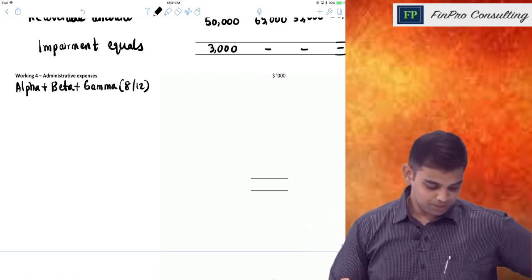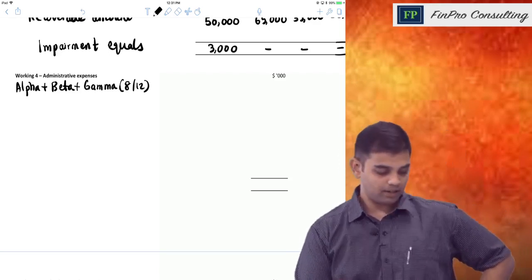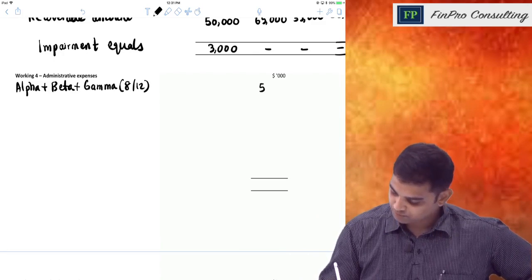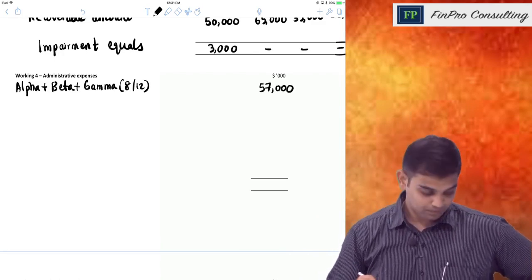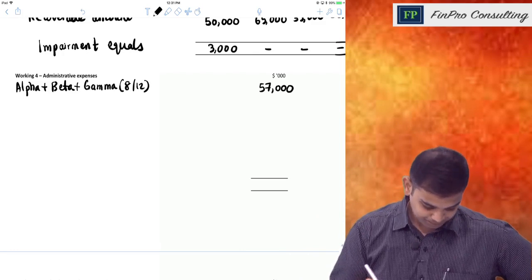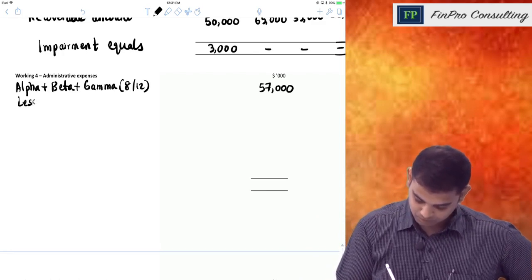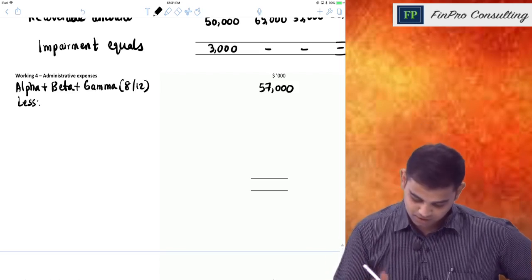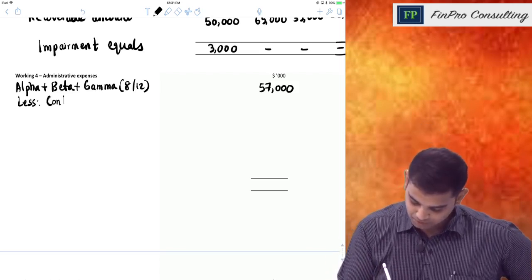So 25,000 plus 20,000 and 8 months of 18,000, which is 57,000 given in the problem. Less. Why less? Because I am reducing my cost. It is incorrectly charged. Less contributions paid.